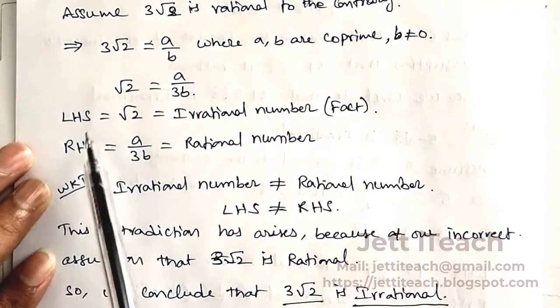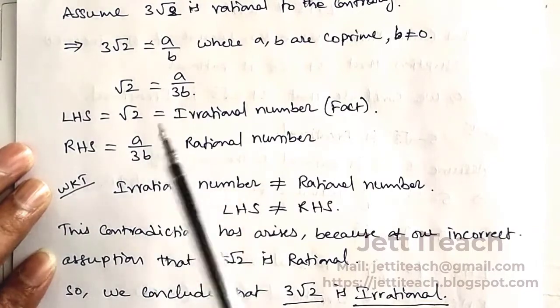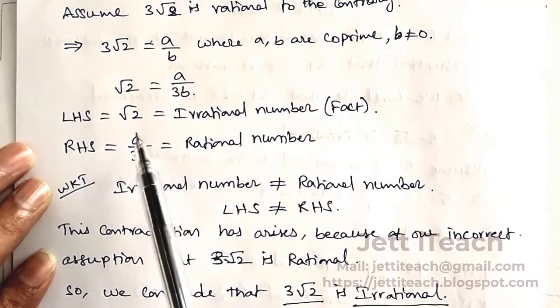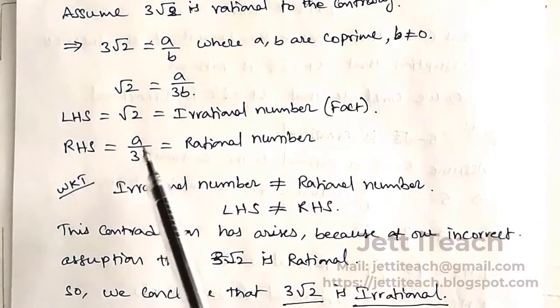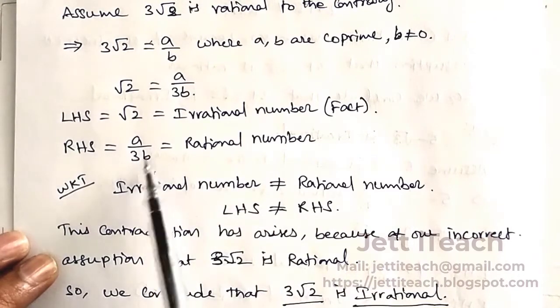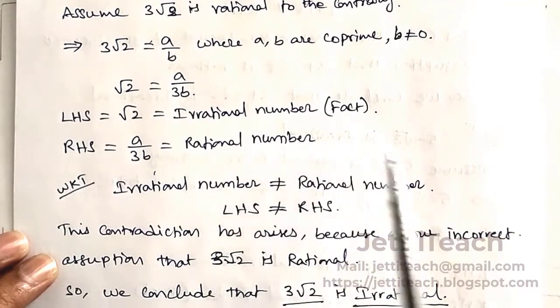I have taken LHS and RHS. LHS is simply root 2, an irrational number, it is a fact. RHS is a by 3b. These are all integers, so clearly it is a rational number.